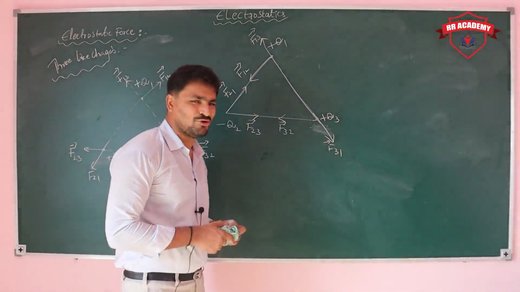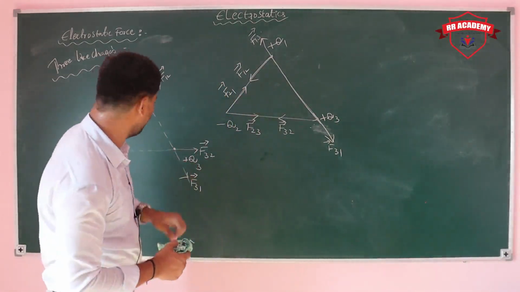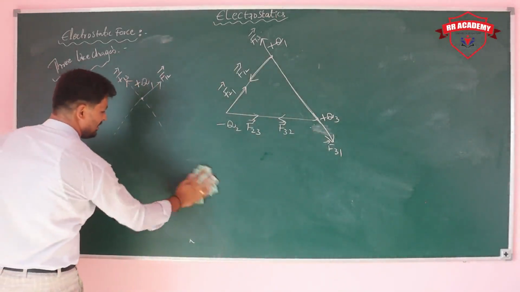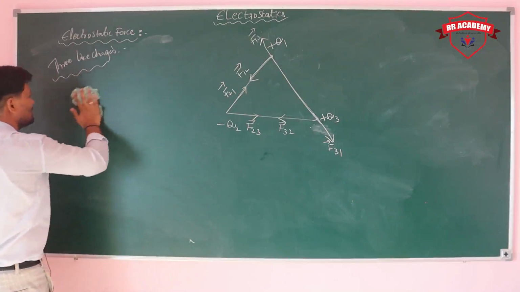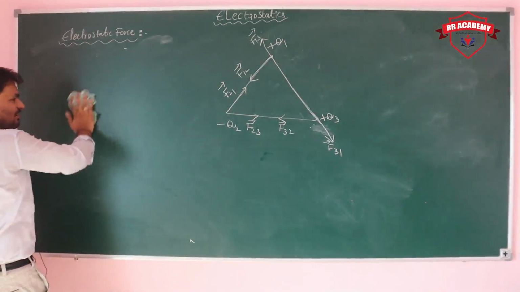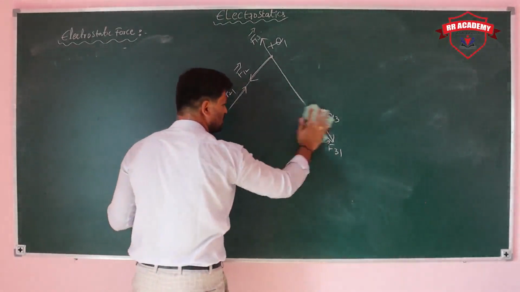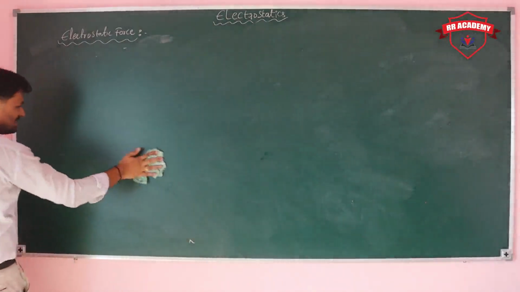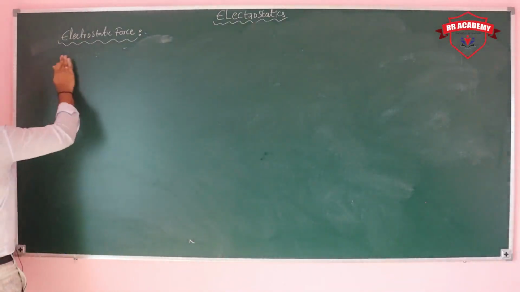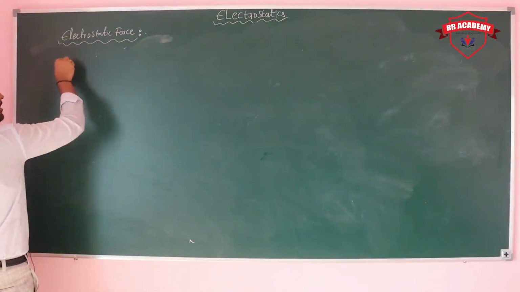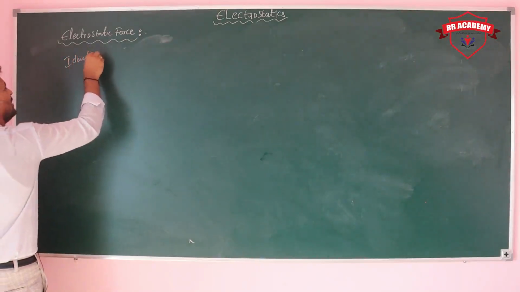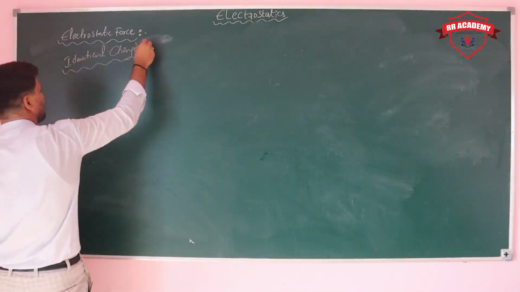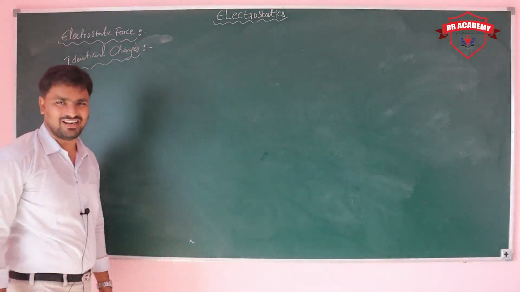So we'll solve one problem here. Write down the problem. Three identical charges are placed at the three corners of an equilateral triangle.